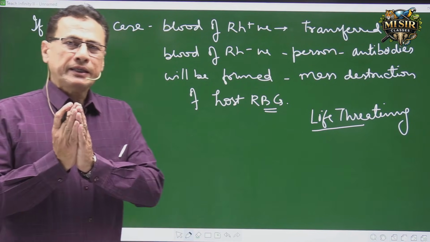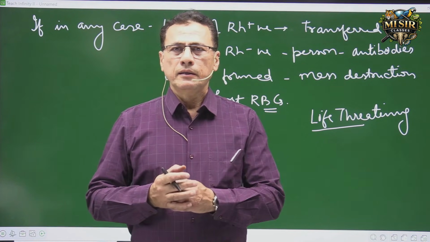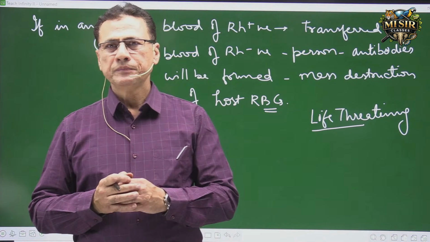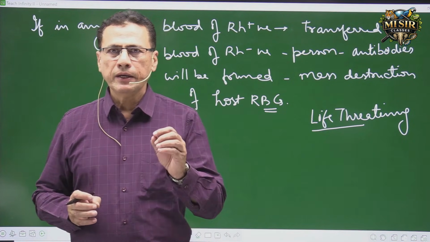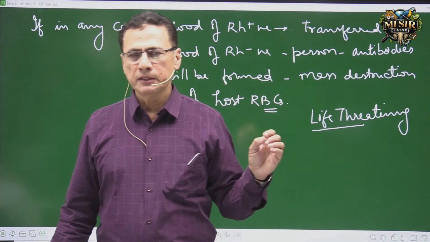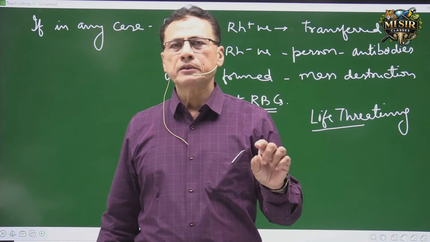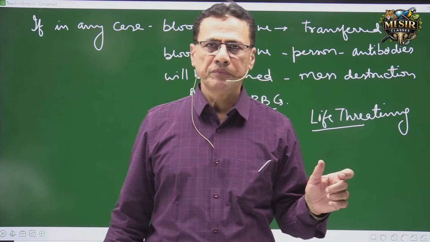A critical case has been studied in detail in a specific situation when a person having RH antigen on his RBC gets married to a woman having RH negative blood group.